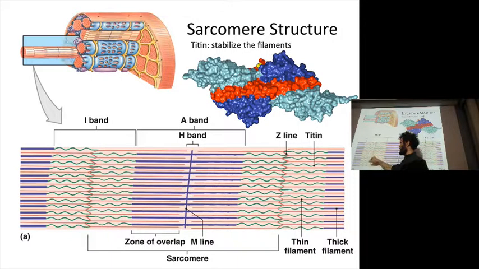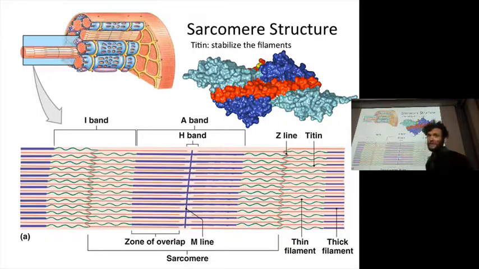Likewise, the Z line, which people have taken to mean zigzag, but it's not what zigzag means. It's Zusammen, as Yannick pointed out, meaning together. This is where all the thin filaments come into contact with one another.